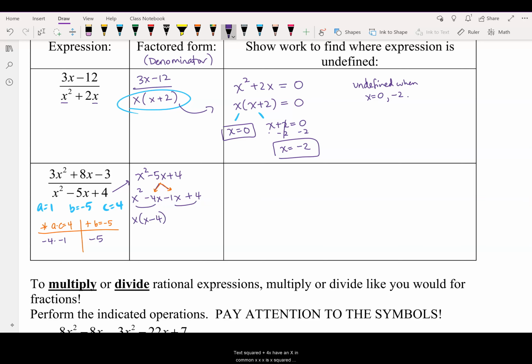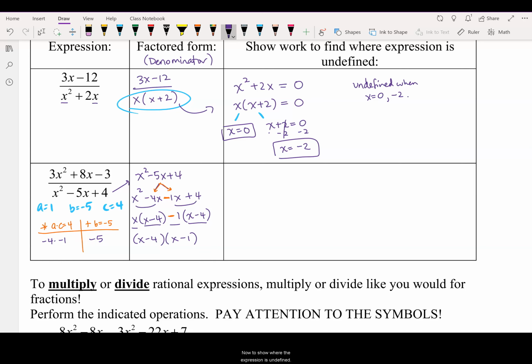X times negative 4 gets us negative 4x. Whatever sign is in the middle, we bring it down. And then negative x and 4 have only 1 in common, so let's factor out a negative 1. Now once we have that factored out, we can pull out what they have in common, x minus 4, and then write in the leftover bits, x minus 1, and we have our factored form.